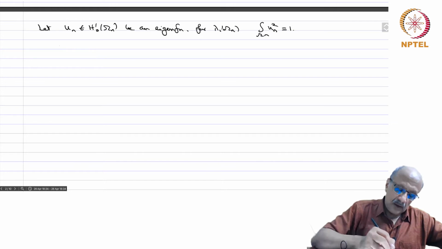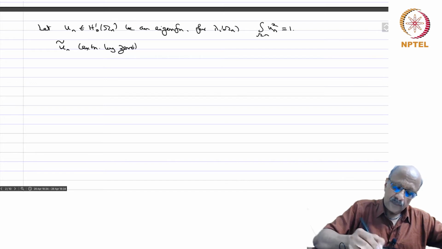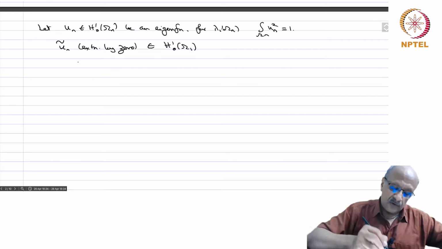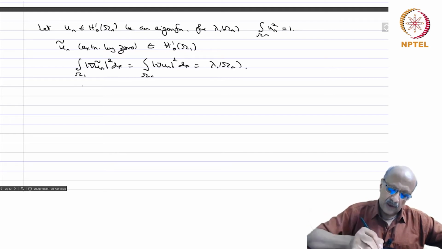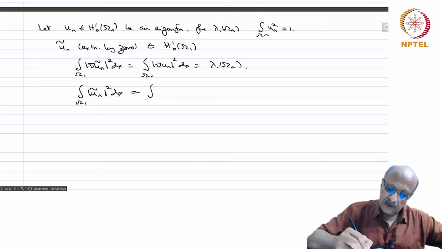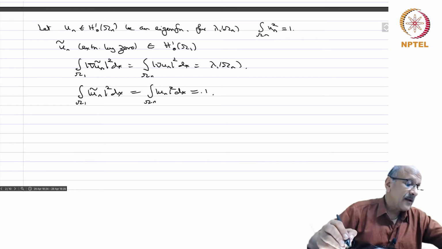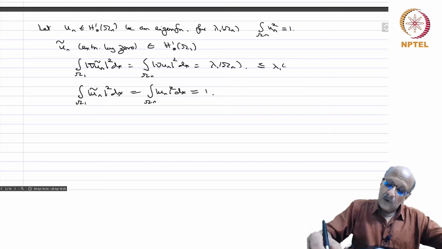Then u_n tilde, the extension by 0, belongs to H^1_0 of Omega_1, which is the biggest of these sets, and the integral on Omega_1 of |grad u_n tilde| squared equals the integral on Omega_n of |grad u_n| squared, which equals lambda_1 of Omega_n. And the integral on Omega_1 of |u_n tilde| squared dx equals the integral on Omega_n of |u_n| squared dx, which is equal to 1. So, this is of course bounded by lambda_1 of Omega.